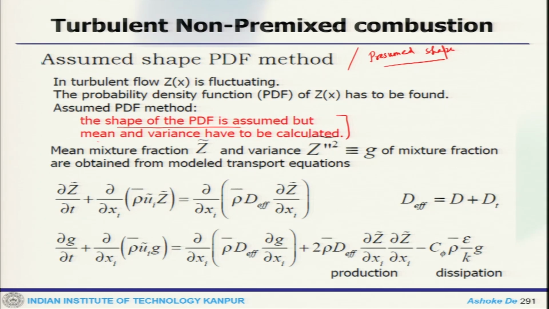Similarly, here we also have to solve the variance of the mixture fraction. So, we have two systems, one is the mean mixture fraction and the other the variance, which is represented as G.